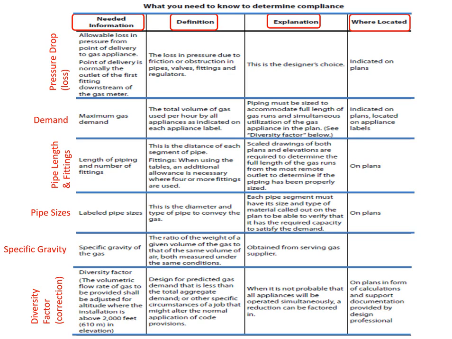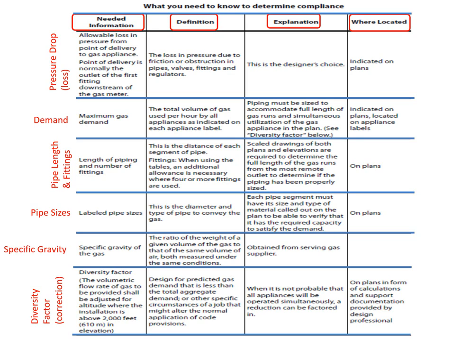Let's start out with pressure drop in the first row, or we could say pressure loss. The needed information indicates the following: allowable loss in pressure from point of delivery to gas appliance. This is very important here because we need to make sure that we provide the correct volume at a minimum to the appliance.